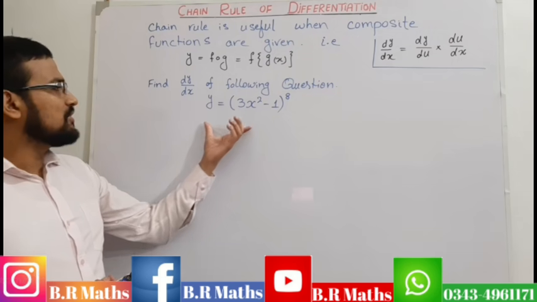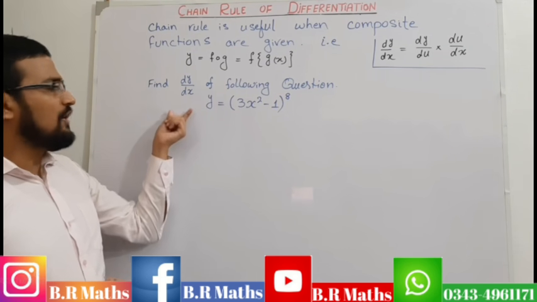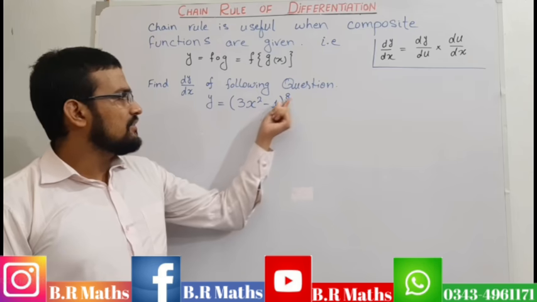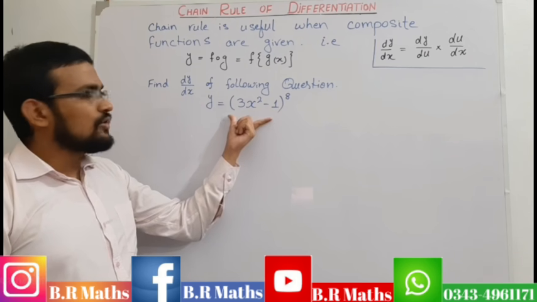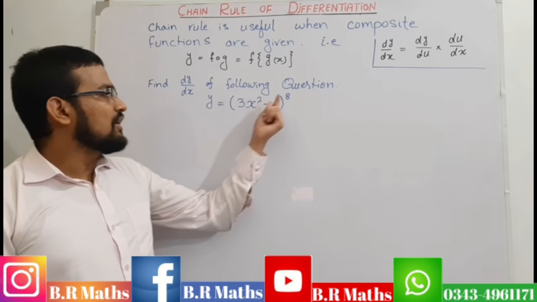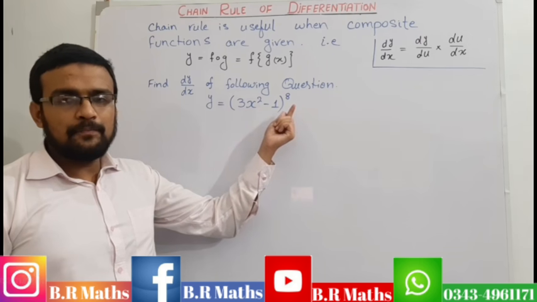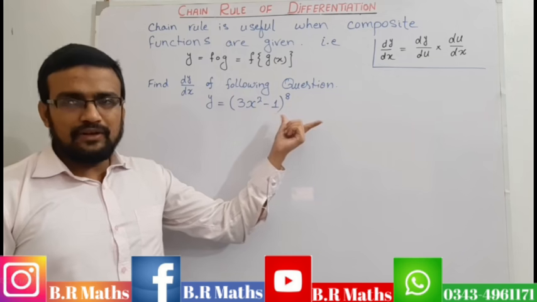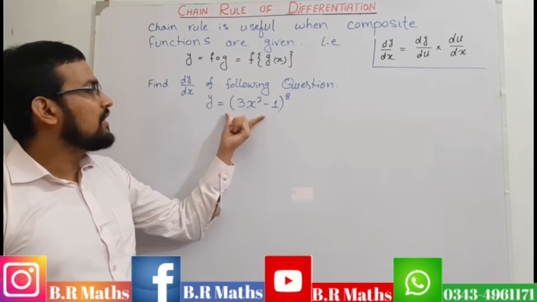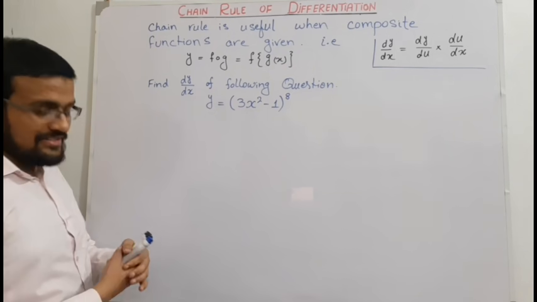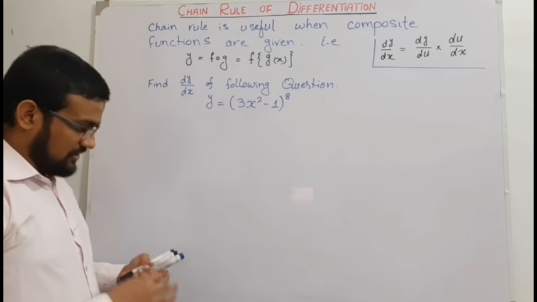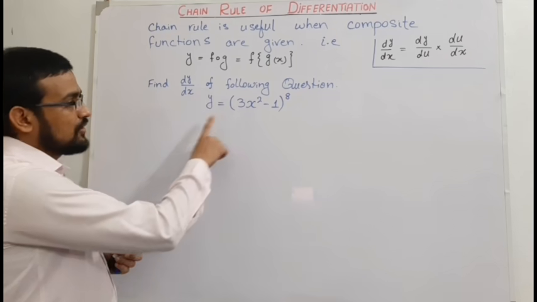This is the question, student. Find the derivative dy over dx. If you want to expand the power 8, you need the binomial theorem, and it becomes difficult and the question becomes lengthy. The second method is the chain rule.